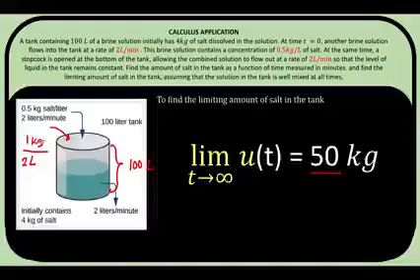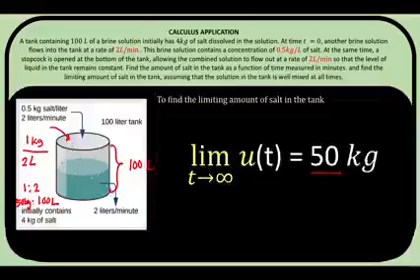So the ratio of salt to the total liquid is 1:2. And so if there are 100 liters of liquid in the tank, if the ratio is 1:2, that means the amount of salt is 50 kilograms. And that happens when all the liquid that is initially present here has already overflowed, such that essentially the concentration of the salt in the tank is whatever is the concentration of this new brine solution that is flowing into the tank.